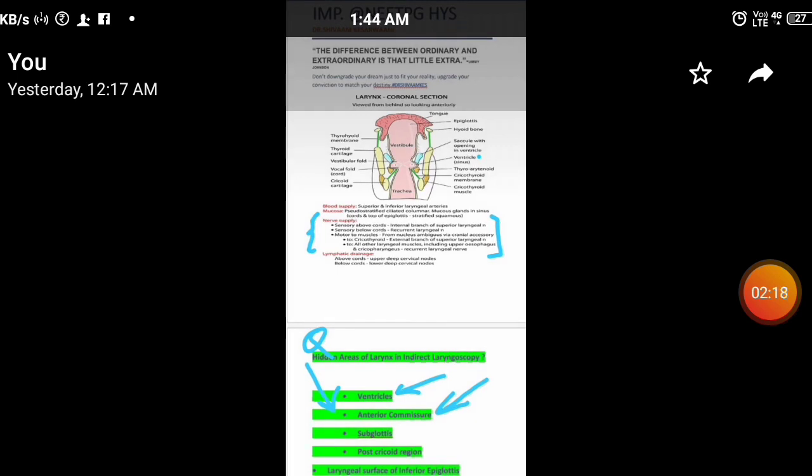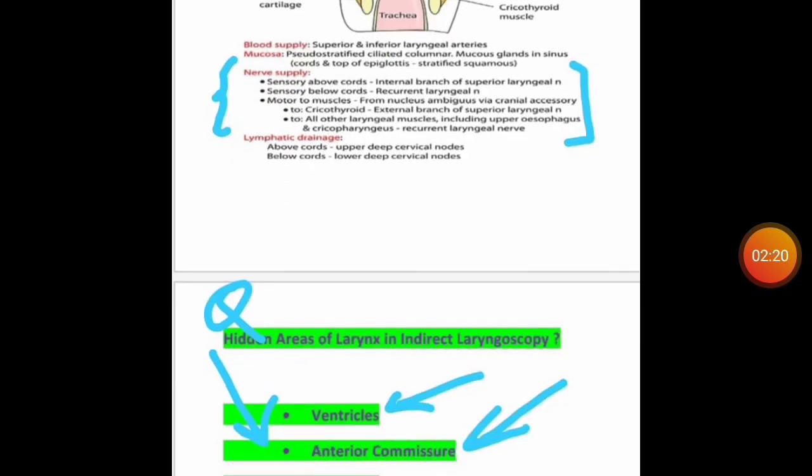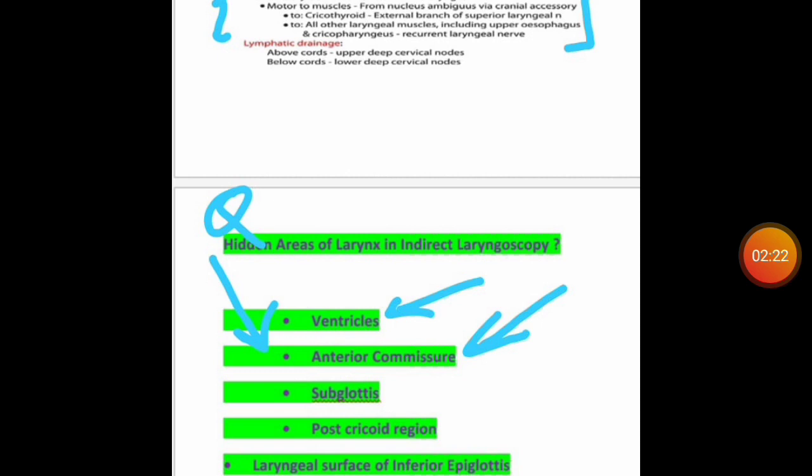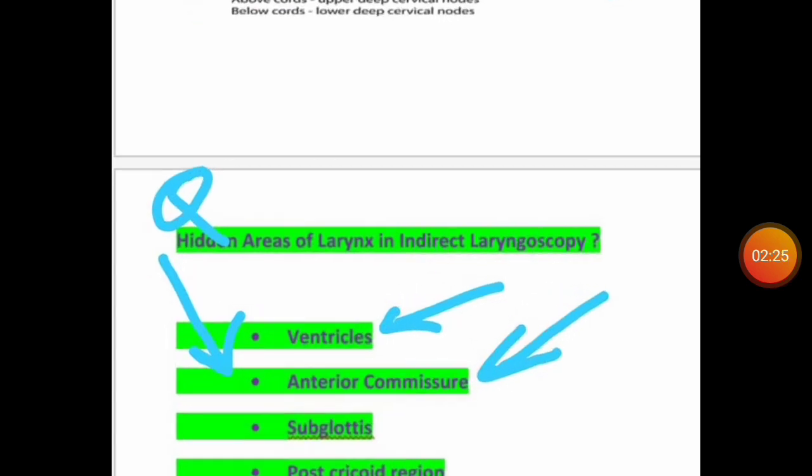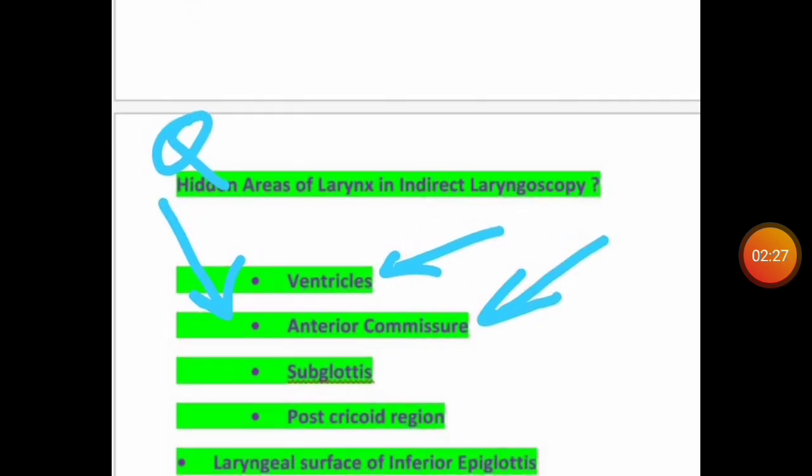Another important thing is: what are the hidden areas of the larynx once you do indirect laryngoscopy? They ask clinical-based questions from your internship part also. In your internship you get to do IL, that is indirect laryngoscopy. So what can you not see? Moving from above downward, you won't be able to see the laryngeal surface of the inferior part of the epiglottis.